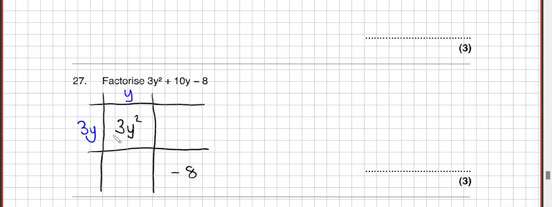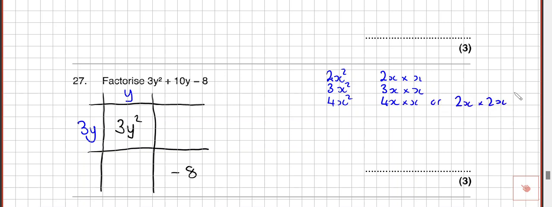Now, there are ones that are easy, like if we have 2x squared, that can only be done by 2x times x. 3x squared can only be done by 3x times x. However, if I have a 4x squared, it could be 4x times x or 2x times 2x.